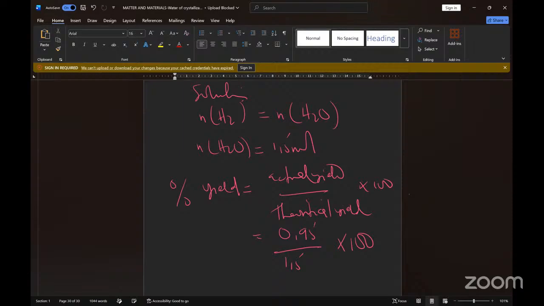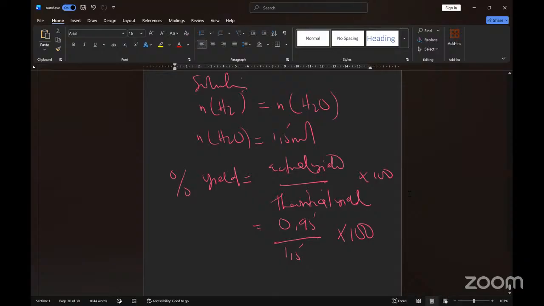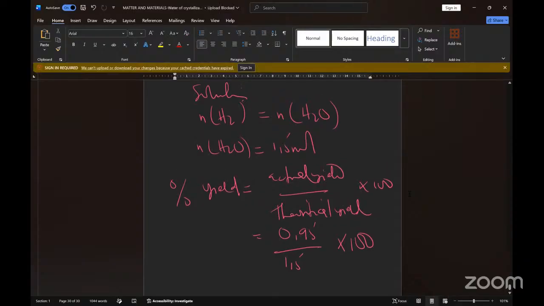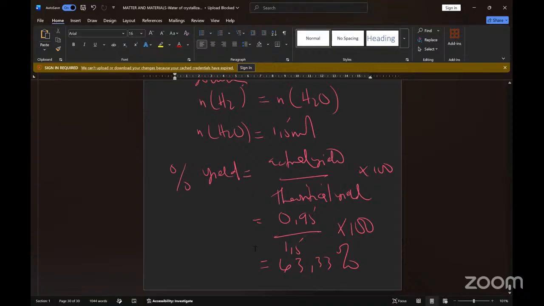So 0.95 divided by 1.5 times 100, and that is going to give you 63.33%. So this brings us to the end of this topic.